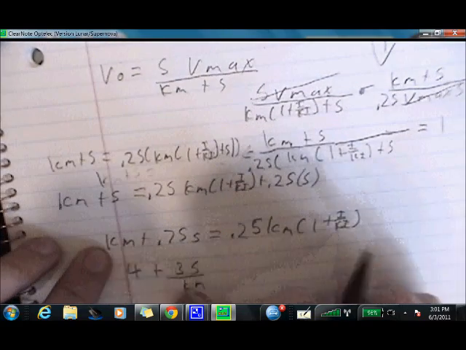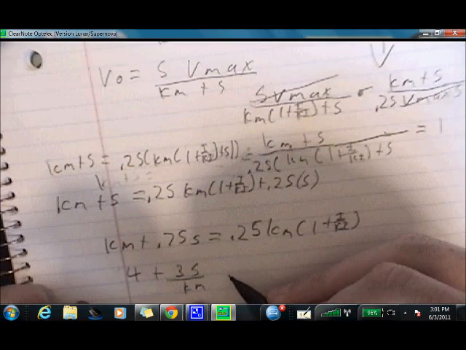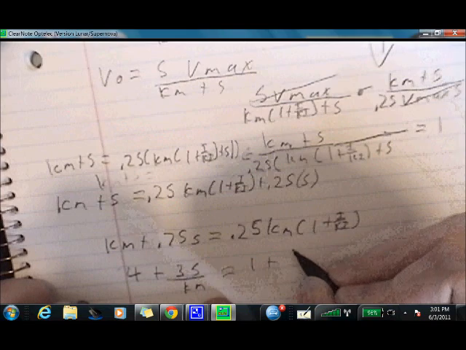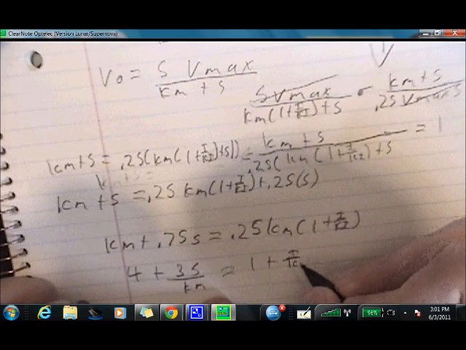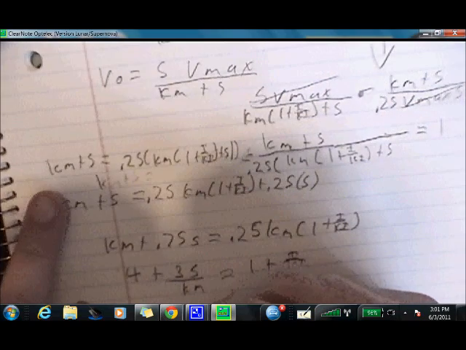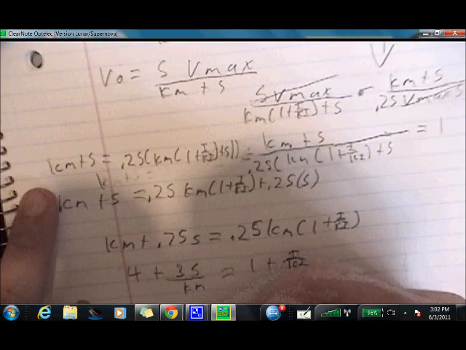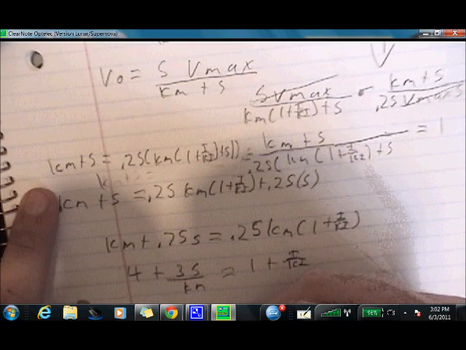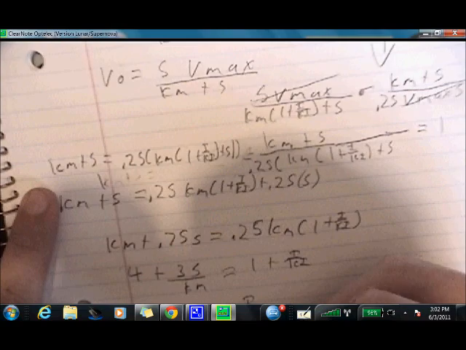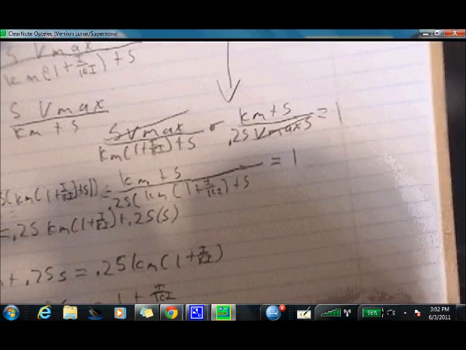I'm going to be left with 4, and this is going to be 3S over Km, equals 1 plus I over Ki. Subtract the 1: 3 plus 3S over Km equals I over Ki, and then multiply by Ki.